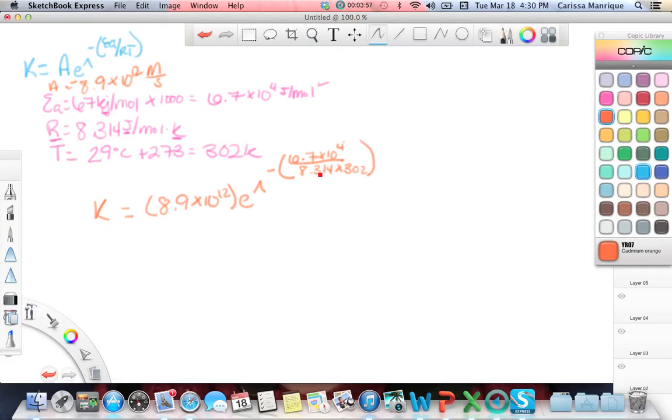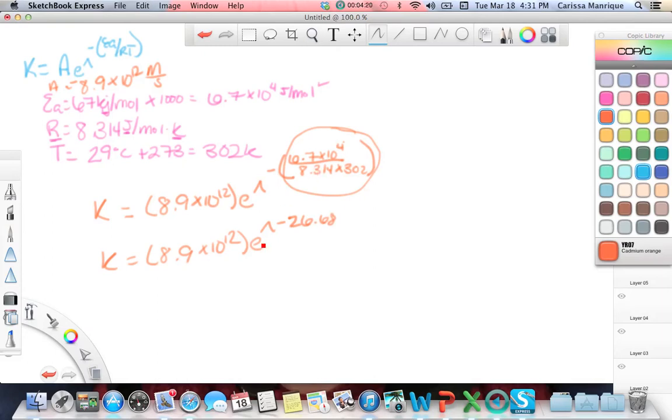So you just plug this into your calculator. This part right here, when I plug it into my calculator, equals 26.68. Raised to the minus 26.68.